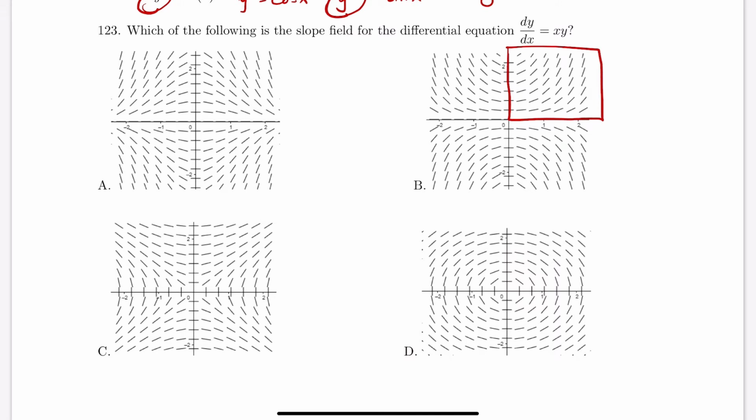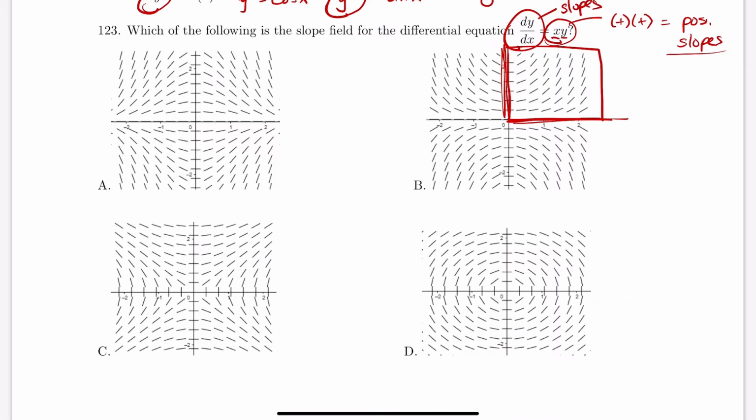In the first quadrant, all of my x values are positive and all of my y values are also positive. If I multiply a positive by a positive, then I should get positive slopes. Hopefully you understand that this represents the slopes, because this is our slope field. So for my first quadrant x and y, I should get positive slopes.